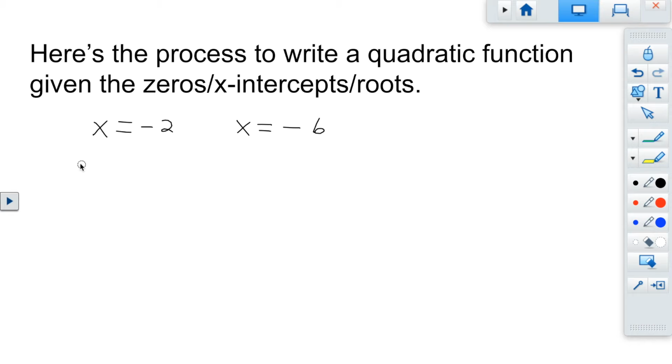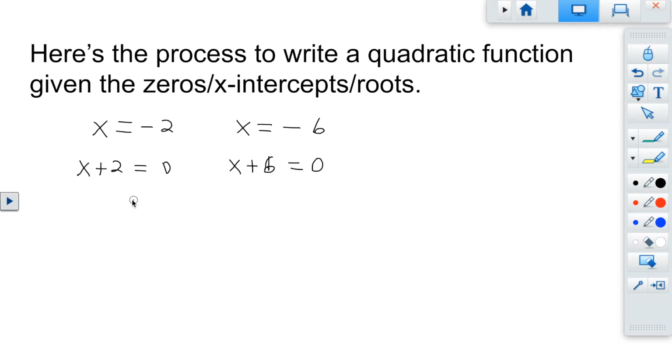Well, let's think how we got them. We probably got them from a factor, x plus 2, and we set it equal to 0, and we got our answer. And this one, since it was -6, we solved the factor x plus 6, and that was equal to 0.